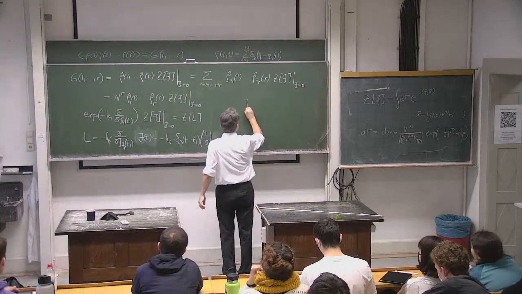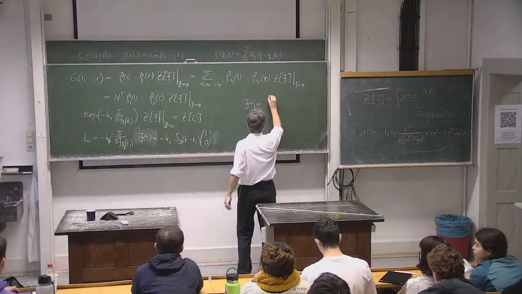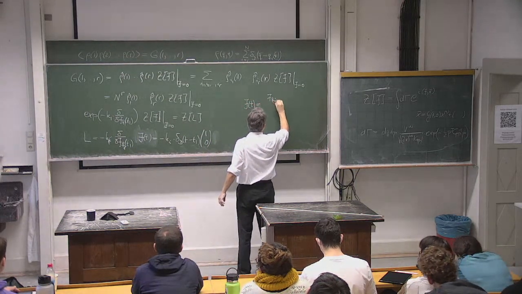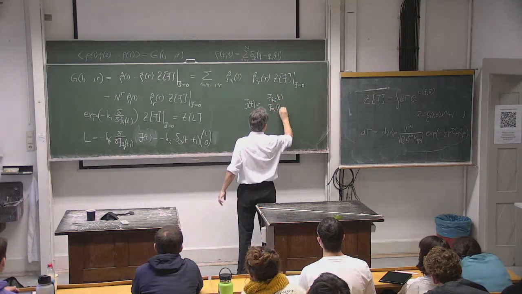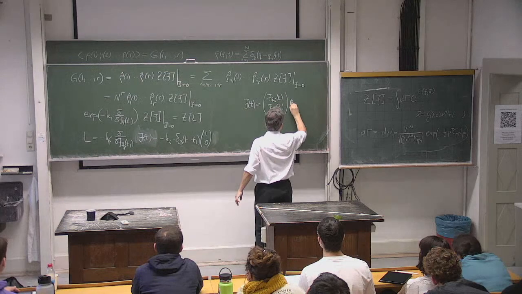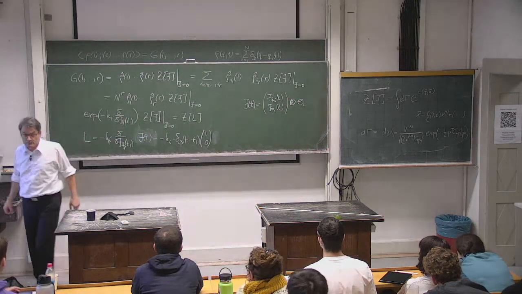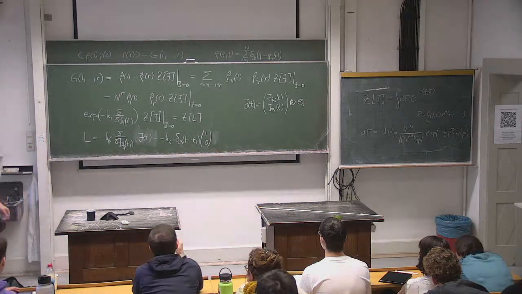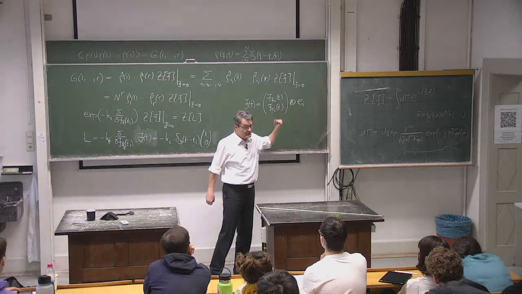So remember, j of t can be written in this way. This complete bundle of source fields for all the particles together. So it's summed over EI.